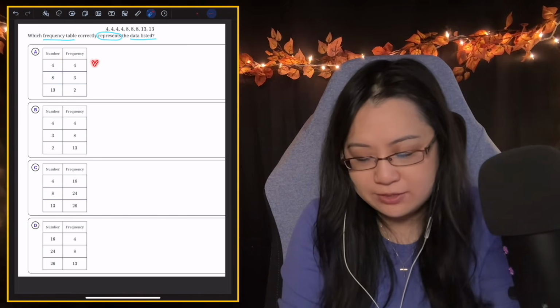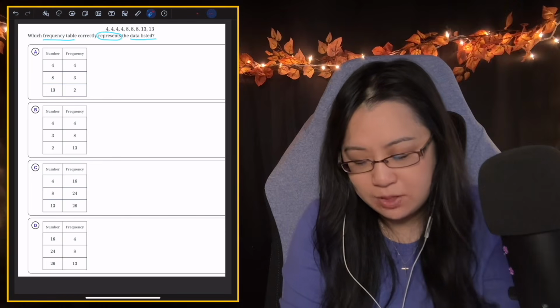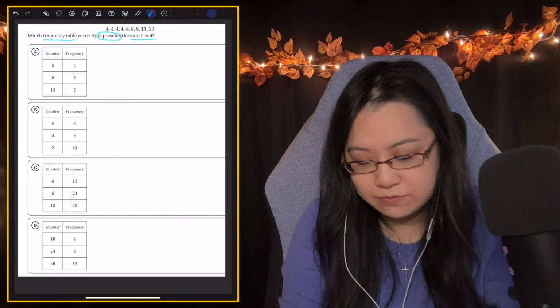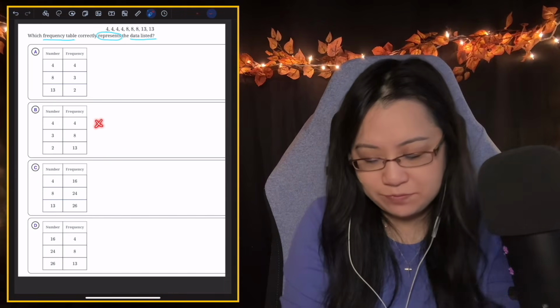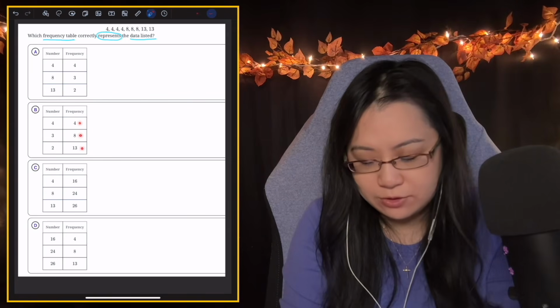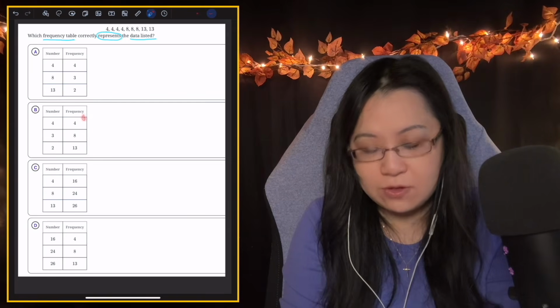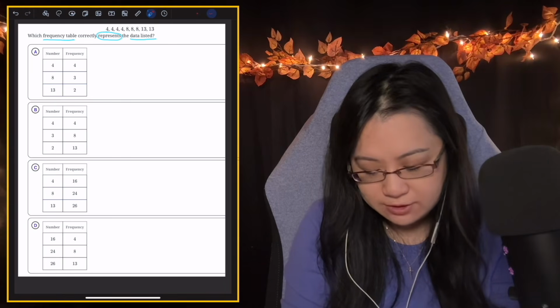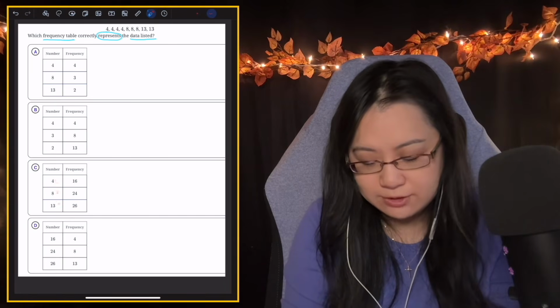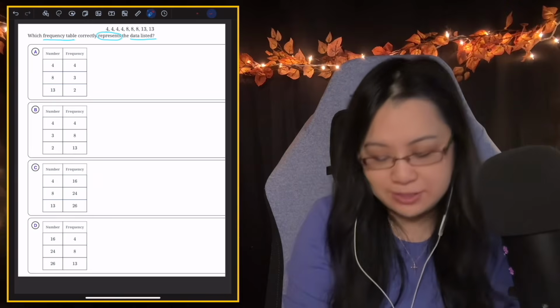So A is a possibility. For B, I have 4, 3, and 2. So that's not quite right. I see the 4, 8, and 13 in the wrong column, so I can eliminate B. For C, I see the 4, 8, and 13, so that is a possibility.